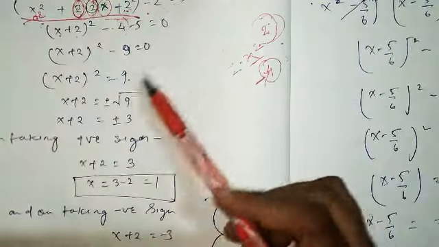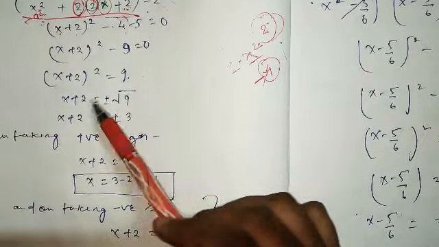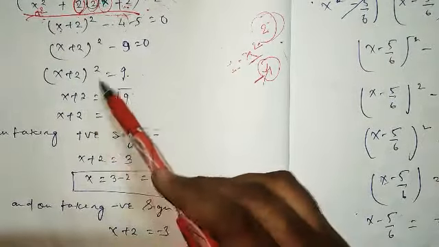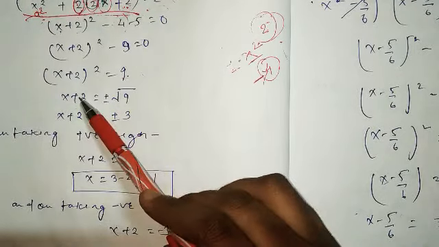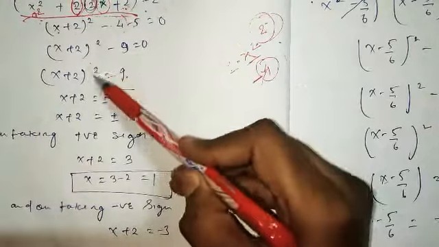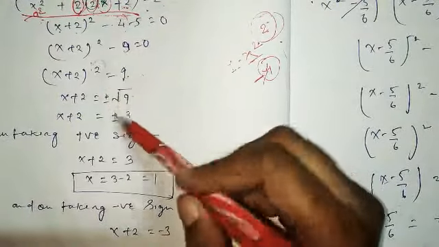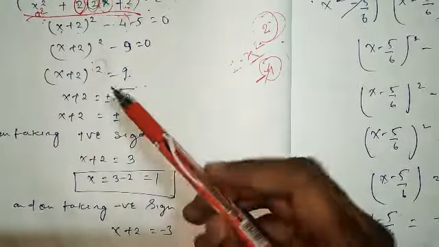We'll transfer this minus 9 to the right side. So this is now plus 9, and this is a whole square. Because this is a square, it will become a square root when we transfer it to the right side.